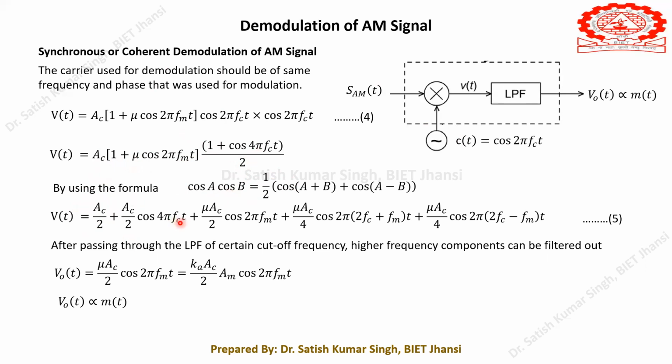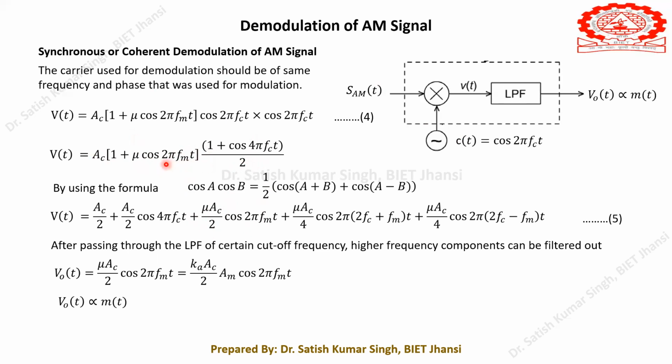Similarly, you can write all other components of this equation, like mu AC by 2 cos 2 pi fmt, and all the rest of the parts we can write.